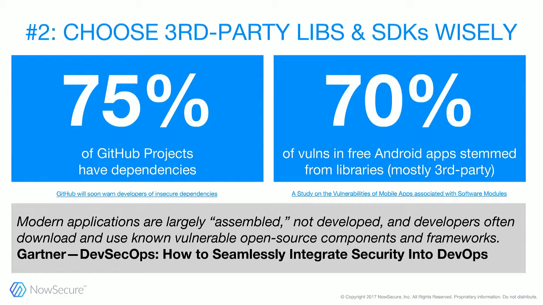And second, there was a study published that looked at the number of vulnerabilities in free Android apps stemming from their third-party libraries. That was pegged at 70%. That is a huge number. They looked at about 30,000 Android apps. So we basically know that there are vulnerabilities emanating from these libraries that are really critical to your application.